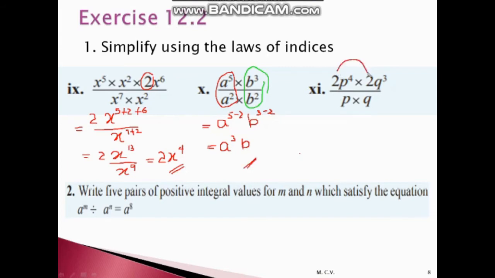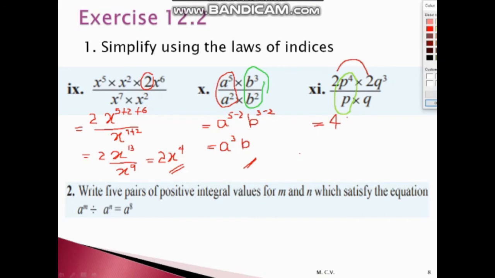Now consider the powers with equal base, p to the power 4 and p. The base is p. What are the other equal bases? The other one is q: q to the power 3 and q. Equal bases. Now let's simplify.